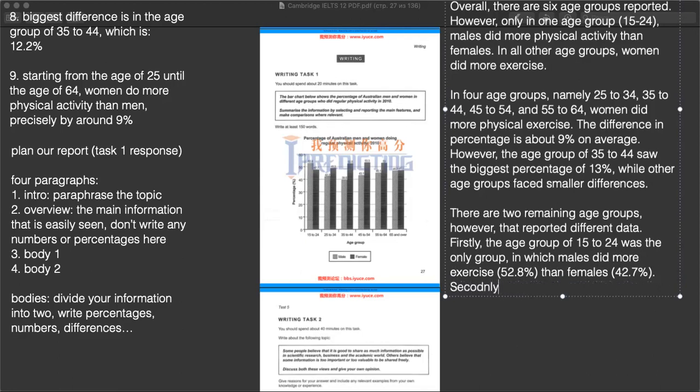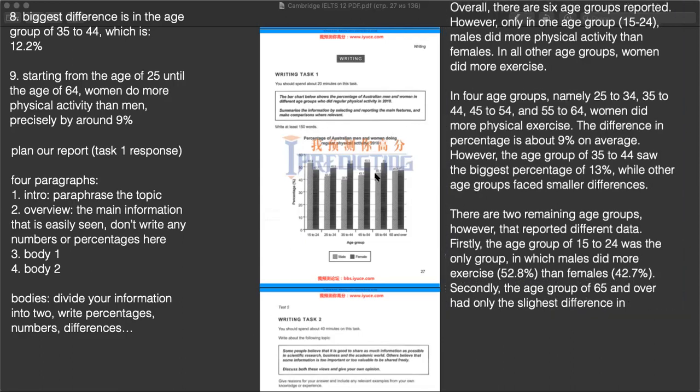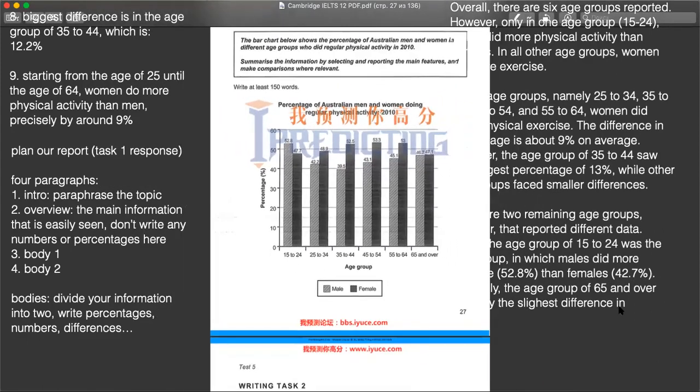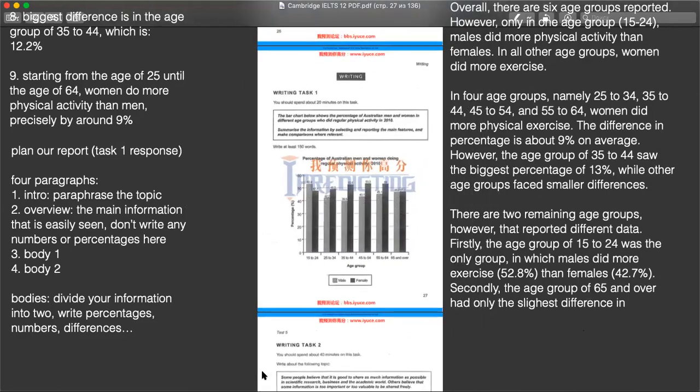Secondly, the age group of 65 and over had only the slightest difference. How many percent is the difference between them? I forgot. 0.4, yes? Okay. Had only the slightest difference of 0.4% between the genders. So this is body two.